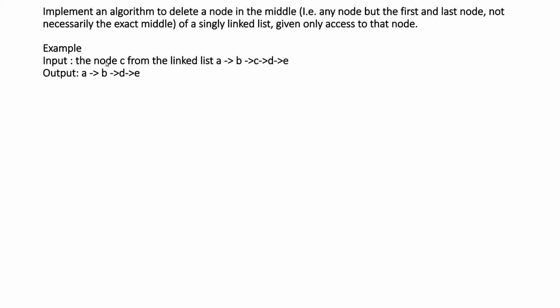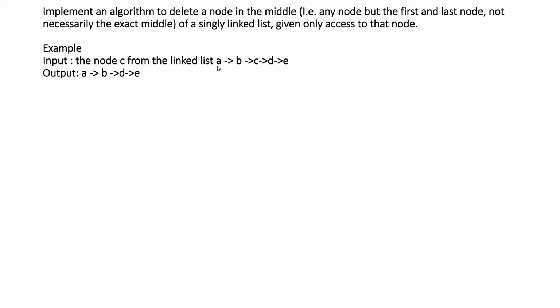Suppose this is the example: A, B, C, D, E, and we would be giving a reference to only the C node. Other than that we won't have any reference to the linked list, and we have to delete this node.